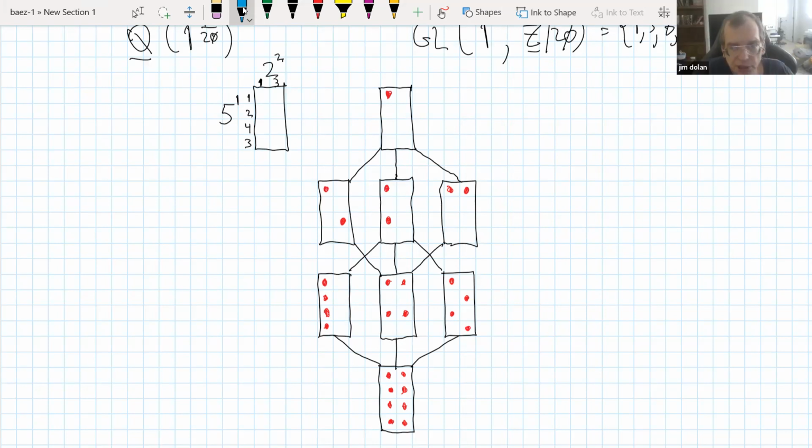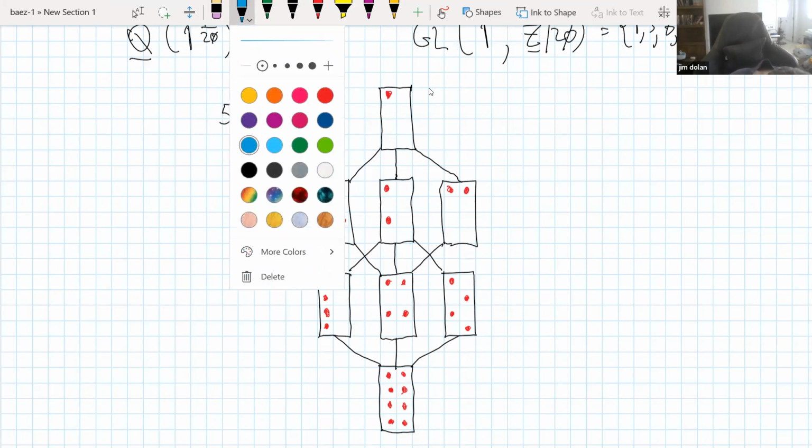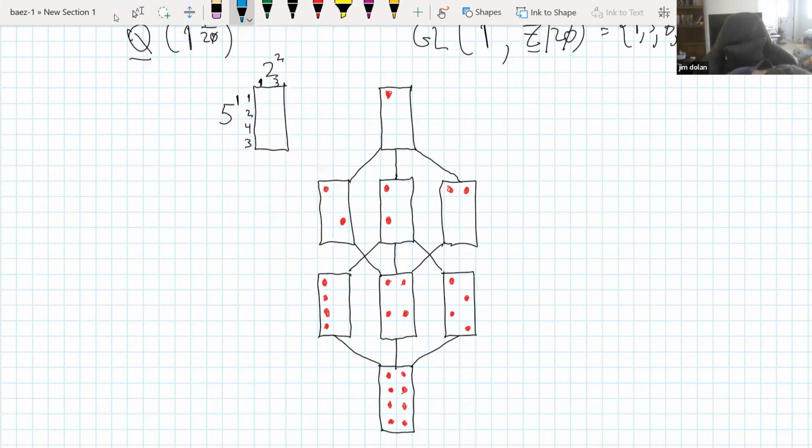But the subfields are more mysterious, but we can make them less mysterious by figuring out what numbers actually generate these number fields. And so we know that our favorite primitive 20th root of unity generates the thing at the top.